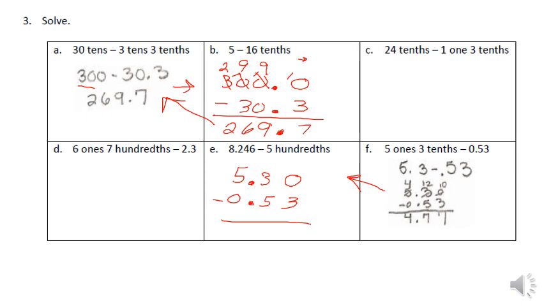Now I can see I need to regroup because I can't take 3 away from 0. So I'm going to go 2, regroup. 10 minus 3 is 7. 2 minus 5, I can't take 5 away from 2, so regroup again. 12 minus 5 gives me 7. Put my decimal in, and 4 minus 0 is 4. You can see where they got it from.